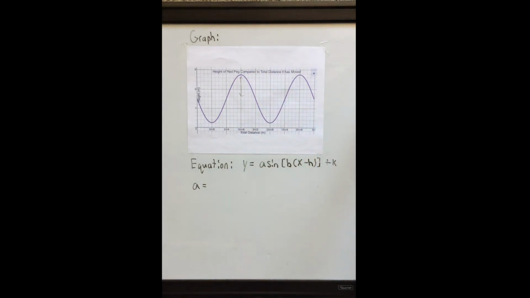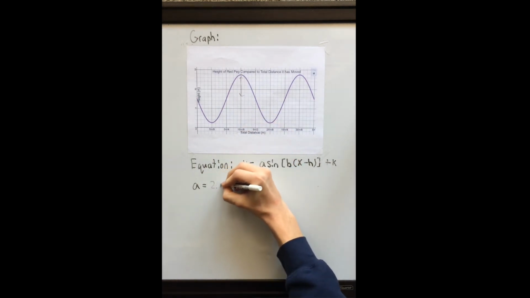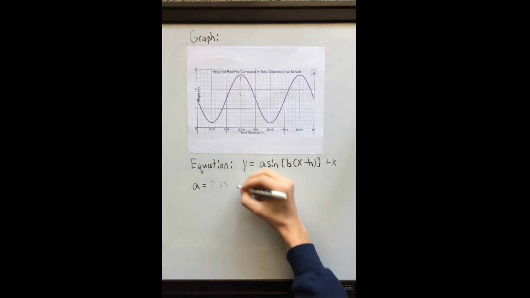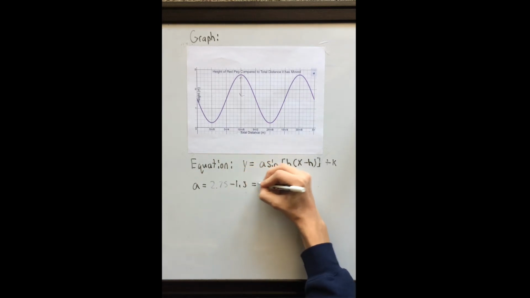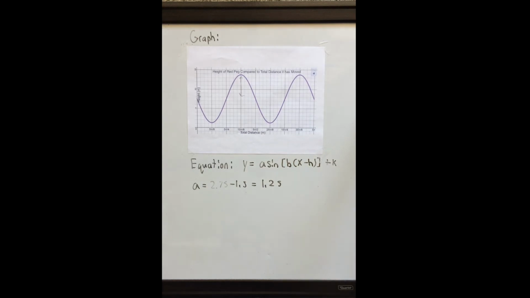So, we know that the middle is 1.5 from earlier, and that the max is 2.75. Therefore, the amplitude is the difference between those two. We also know that it has a negative value because the sine graph begins downwards.